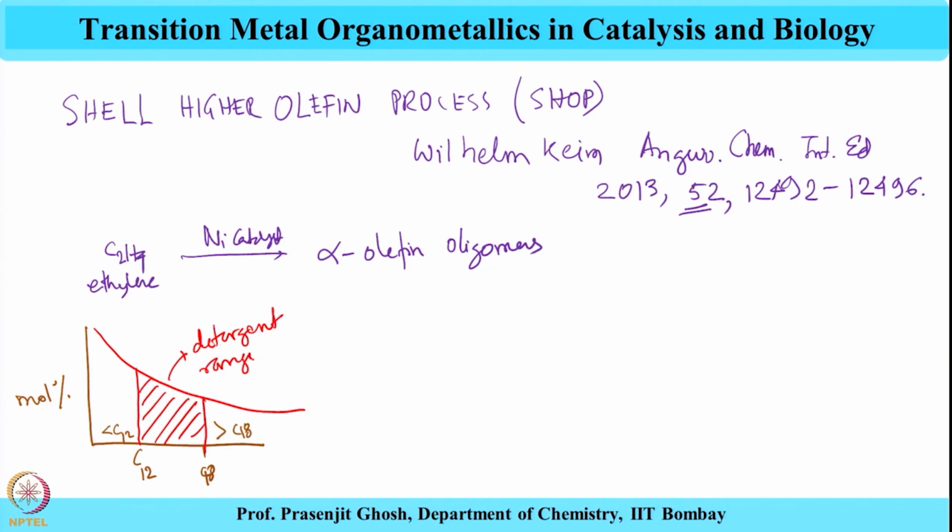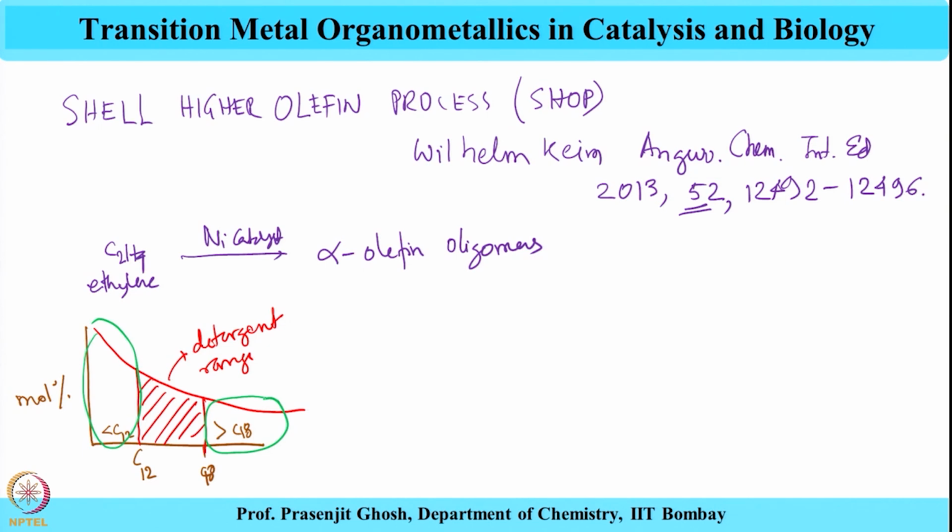And this was what provided the impetus for looking into use of the other two fragments, which at that point of time were not being used. One is the fragment which was less than C12 and the fragment which is above C18. So, these fragments at that point of time were unusable and they were trying to find some use for these unusable fragments.